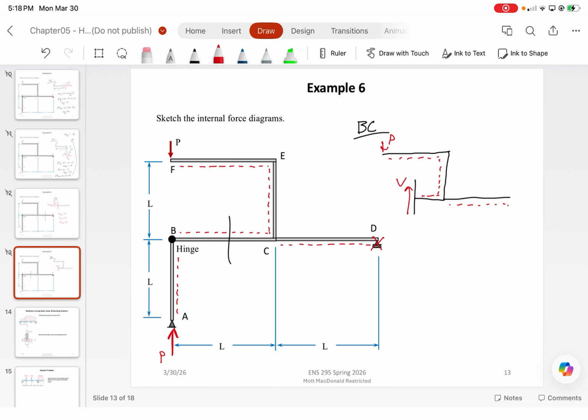And then, again, we have our axial force. We know that this dimension here is L, this dimension here is L, and then this dimension here is X, which means that the location of the force with respect to the cut is L minus X.